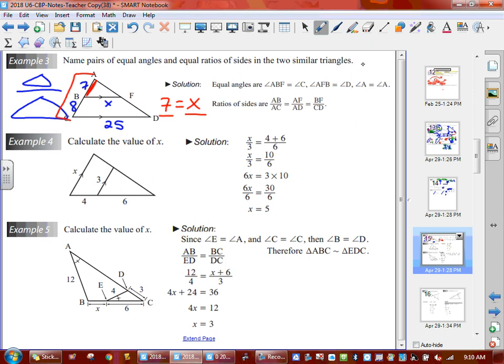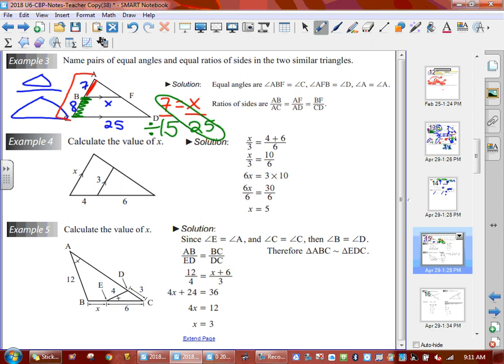Well, let's take a look. 8 is from here to here. Does this part right here make the side of a full triangle? No. We have to add those two numbers. So it's going to be 15. Okay? And then the other one is 25. Okay? And now we're going to cross multiply this way and divide by 15.